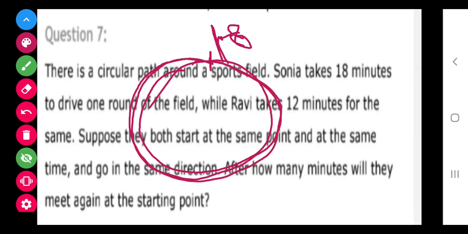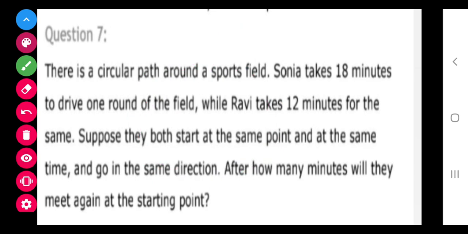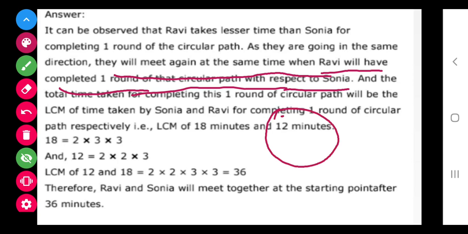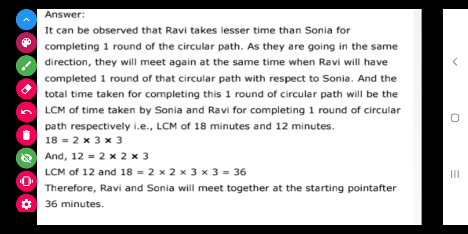It means रवि जो है वो सोनिया से ज़्यादा फास्ट है. अब now see, when they are going in the same direction, they will meet again at the same time when Ravi will have completed one round of the circular path with respect to Sonia. ये तभी हो सकता है क्योंकि रवि फास्ट चल रहा है और सोनिया स्लो चल रही है. तो रवि दोबारा से घूम फिर के जब उस सोनिया तक पहुंच जाएगा तभी होगा ऐसा.